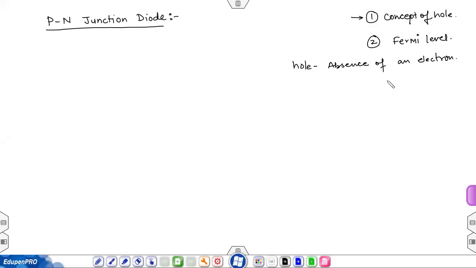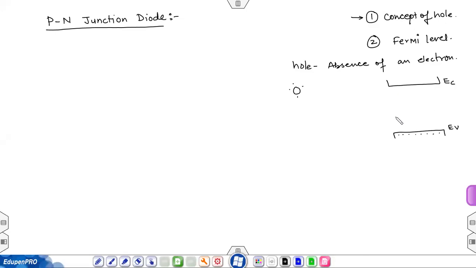Now, I told you in the last lecture that this is a conduction band, and let's say this is a valence band. अगर हम इसका correlation देखें with actual electron and hole or atom positions, how can we correlate it? The electrons present in the valence band are bound to their parent atom, and the electrons present in the conduction band can move freely inside the crystal. This we already know.